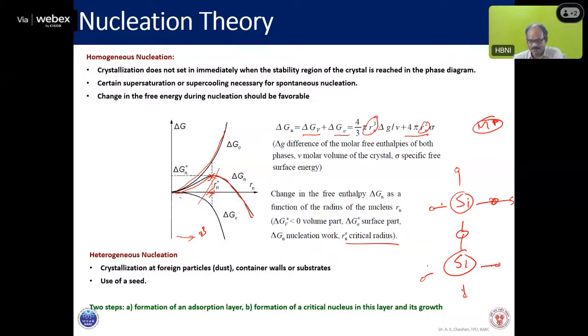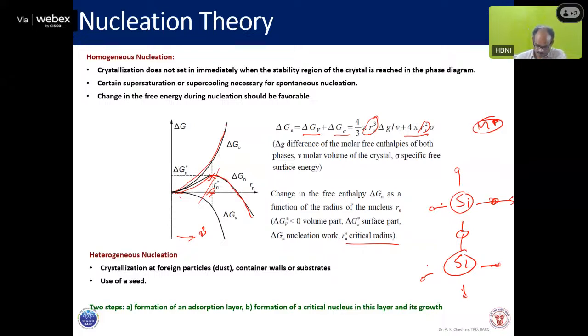In some cases you can use a seed. Suppose there is a melt of something and you have a crystal of the same material, you just touch it. In that case you don't need to wait for homogeneous nucleation or for supercooling, and crystallization or growth starts immediately.